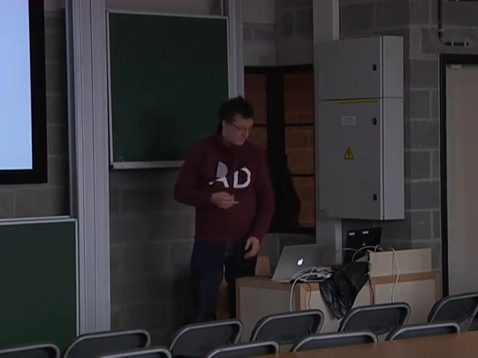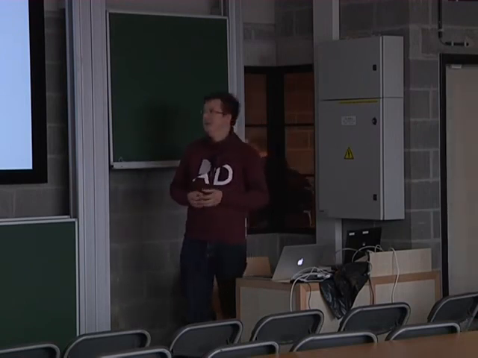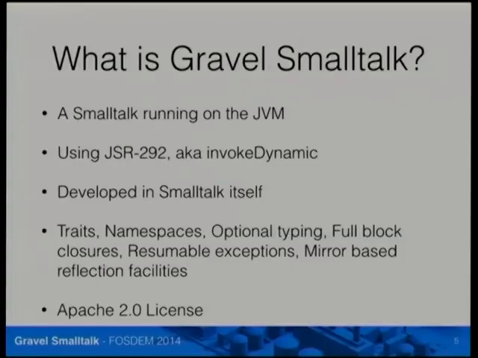So what is Gravel Smalltalk? Gravel Smalltalk is a Smalltalk that is running on the JVM. We implemented it using the now infamous invokedynamic instruction that is new in Java 1.7, introduced by JSR 292. And we try to develop Gravel Smalltalk itself, the whole compiler infrastructure, in Smalltalk.